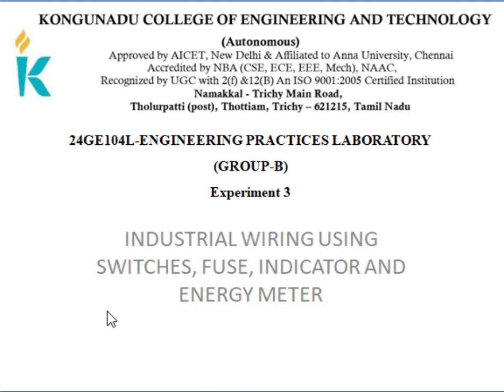Another difference is that in our homes we use low power equipment like an iron box, lamp, ceiling fan, and mixer grinder. All of that is low power equipment, and it is enough to supply it by a single phase line.